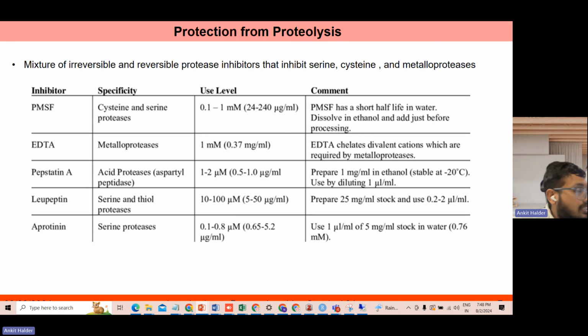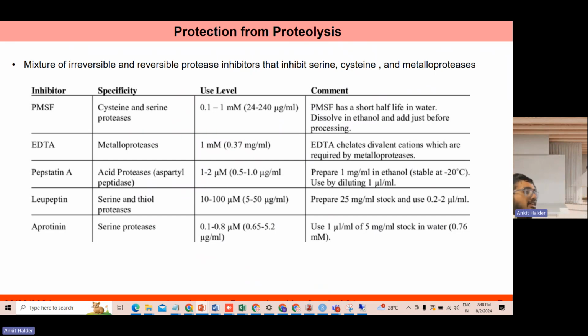Then what is required is how to protect it from proteolysis. We should be using different protease inhibitors that inhibit serine, cysteine, and metalloproteases. The question comes: what are the types of proteases that are generally present?